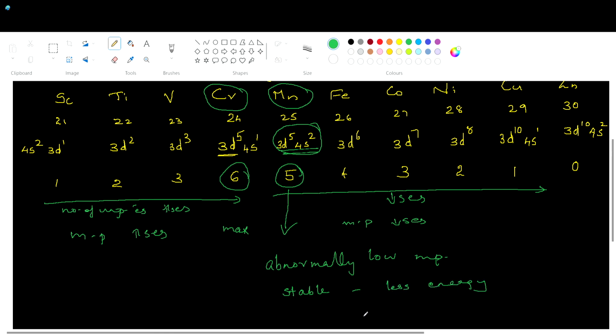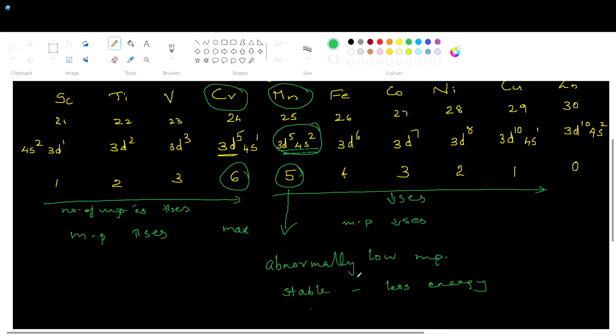They are highly stable, meaning their energy is very low. These electrons are strongly bound to the nucleus, so they are not involved in metallic bonding. So metallic bonding in manganese is weaker due to the stable arrangement of 3d5 and 4s2.